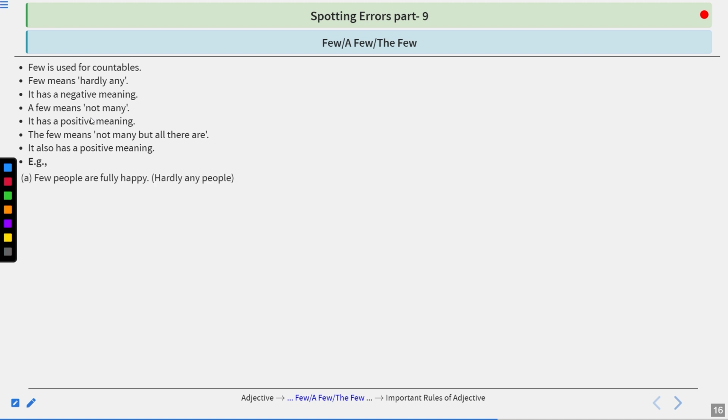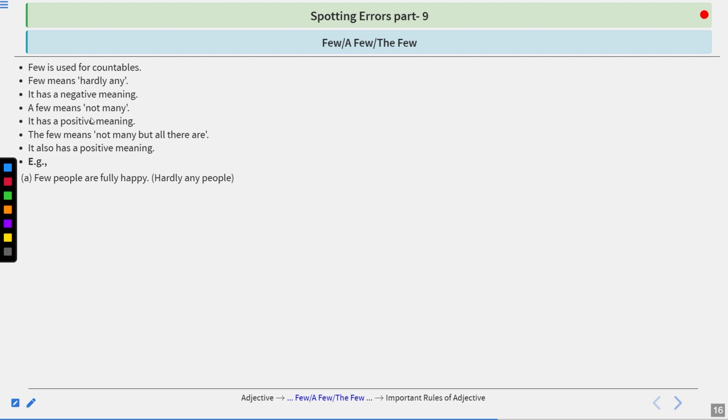Examples. Few people are fully happy. It means hardly any people or almost no people, you can say. We are now talking about complete negation. The word that comes in a complete negation is no, or you can say never. But we are talking about hardly any.